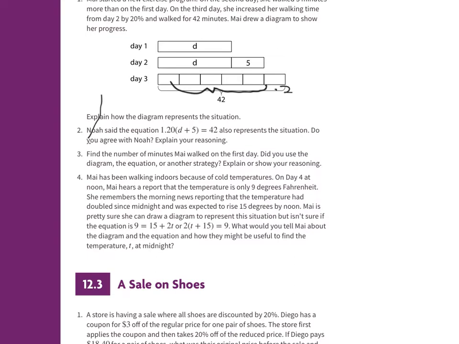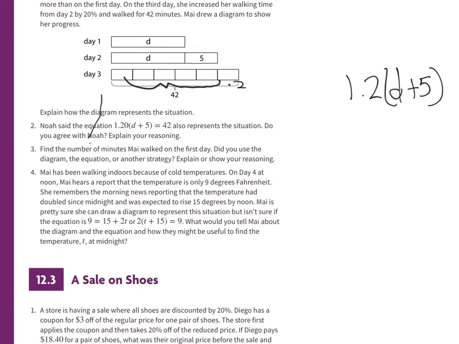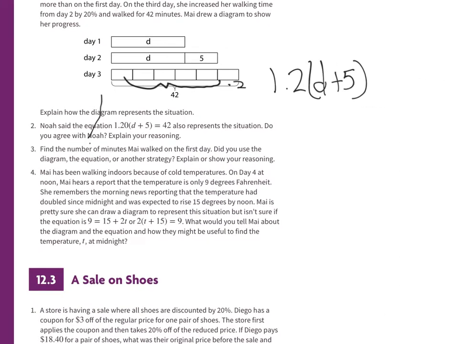So looking at 1.2 times (d plus 5) equals 42. All right, so there's parentheses. So the first thing we want to do is get rid of the parentheses. We do that by dividing.